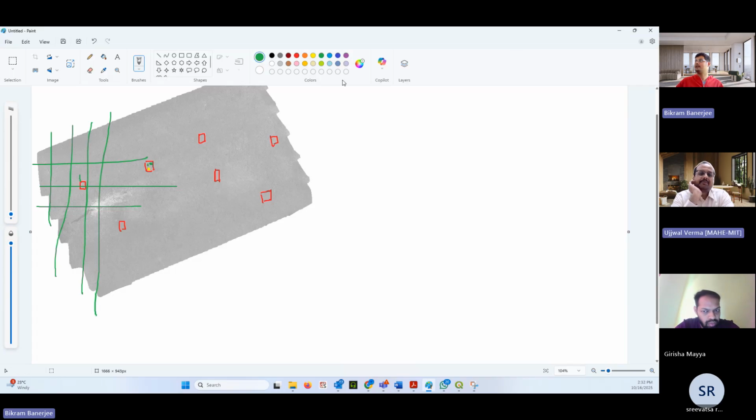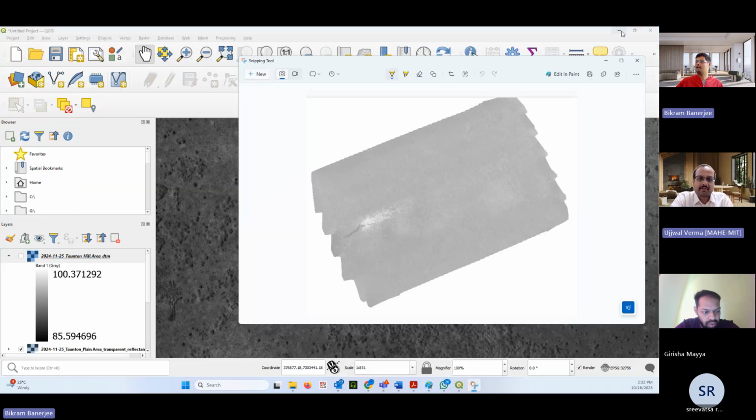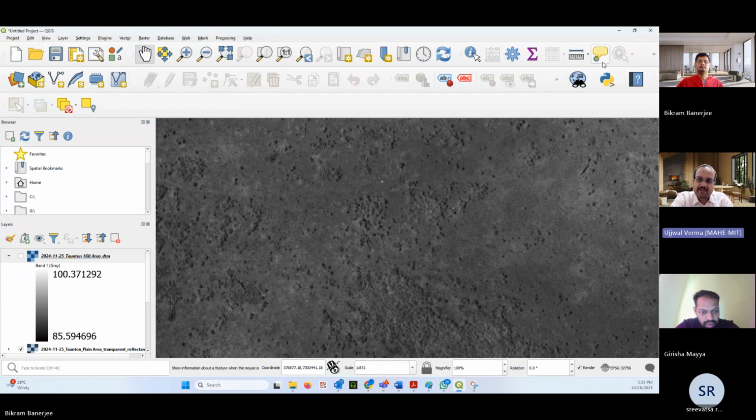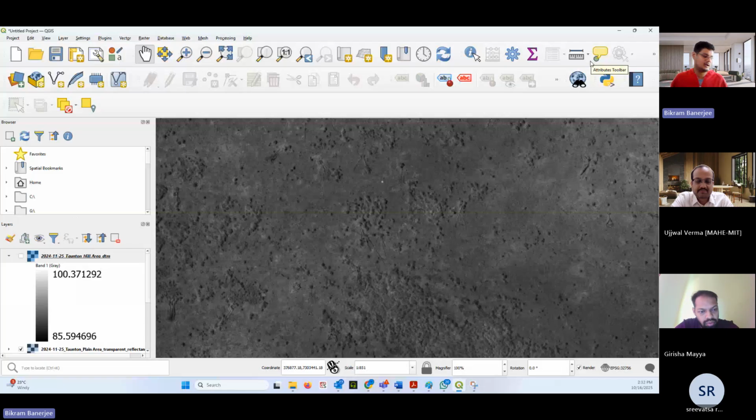Understood. So the final results of detection of GRT should be on the original tile that is there in QGIS. Because once we are publishing the papers, the classical remote sensing scientists do not always understand the limitations.